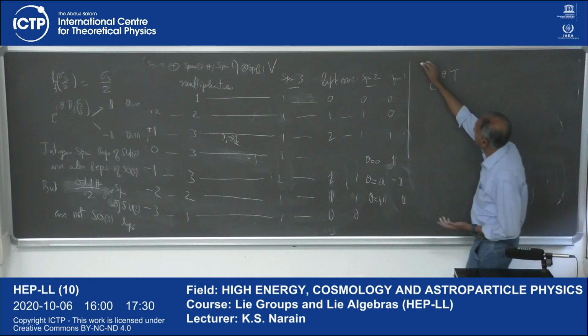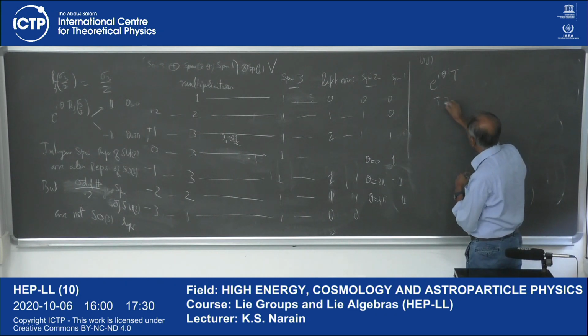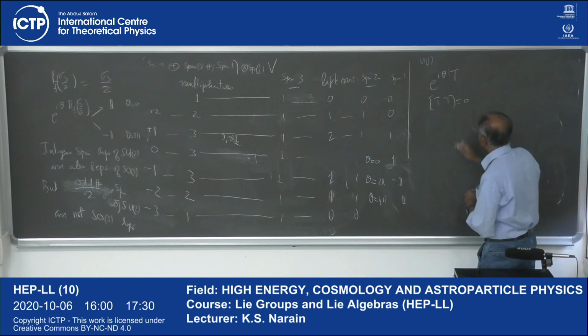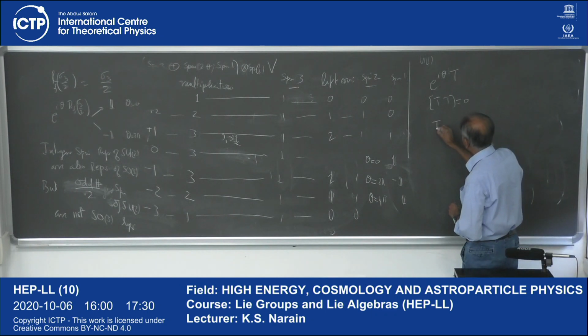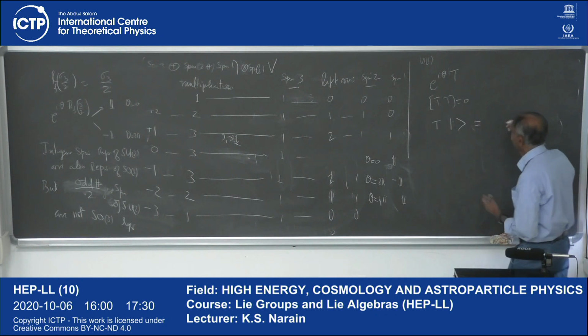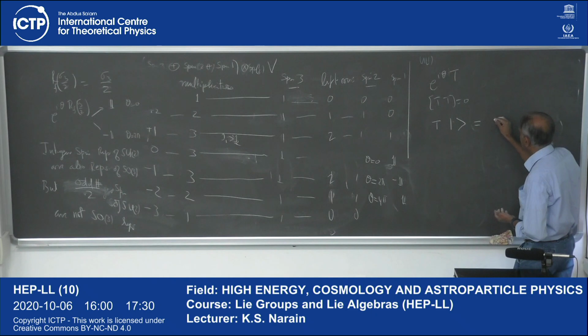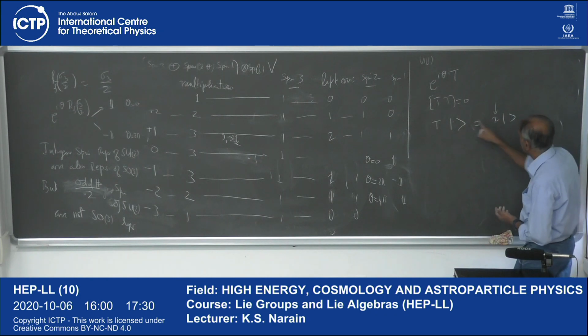Any representation is simply labeled by giving the eigenvalue. So they are all one-dimensional representations. Let's say for some state the eigenvalue is x, so T acting gives x times this number. This is the eigenvalue.